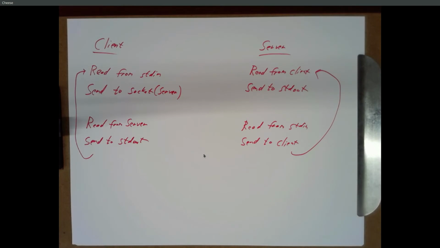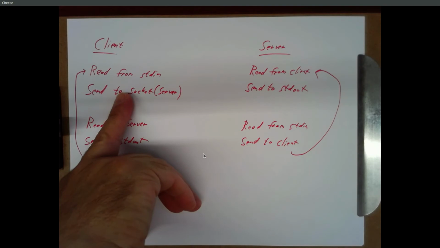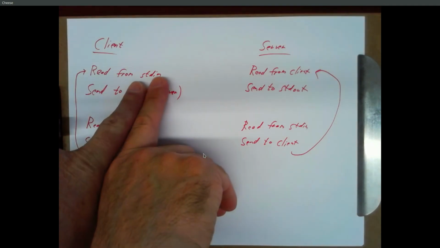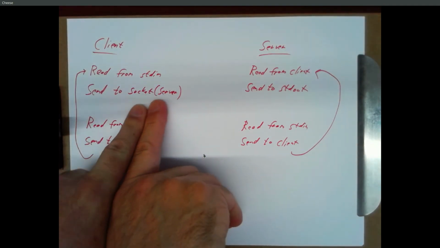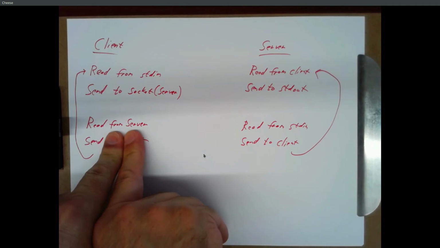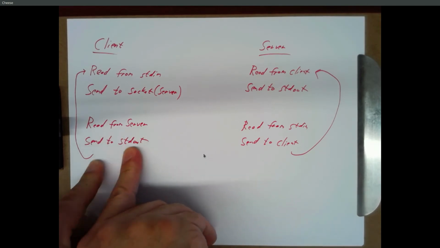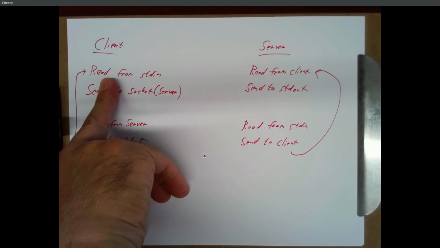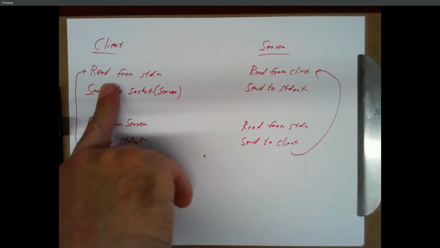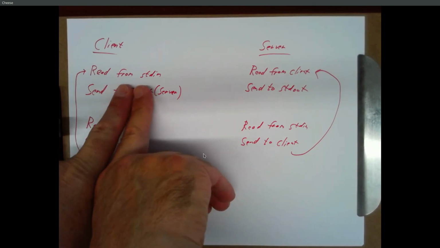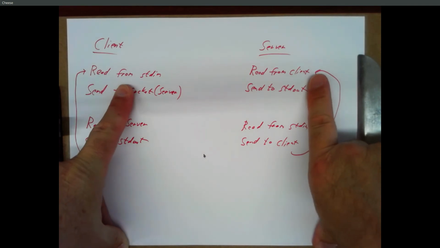So this works great the way I described it. What if this person wants to send 3 messages to the server? They type in their first message, hit enter, that gets sent to the server. They're sitting here, they're waiting to read something from the server. They can type their second message and hit enter, but it's not going to get used until they read from the server, display what the server sent, come back up here to where they read from standard in. So they can send one thing, but they can't send anything else until the server sends something.